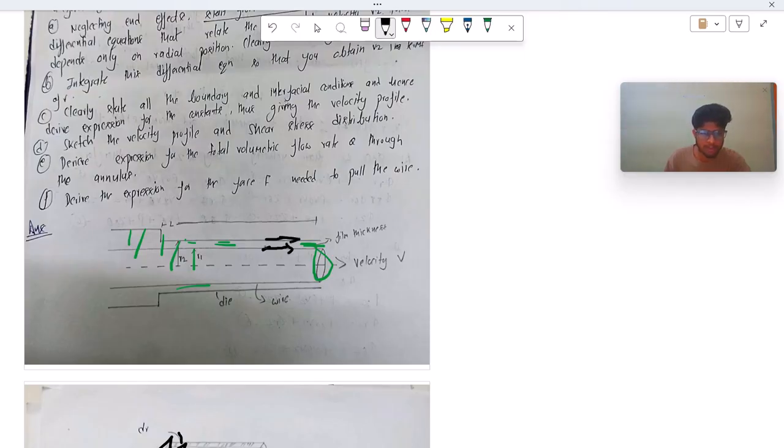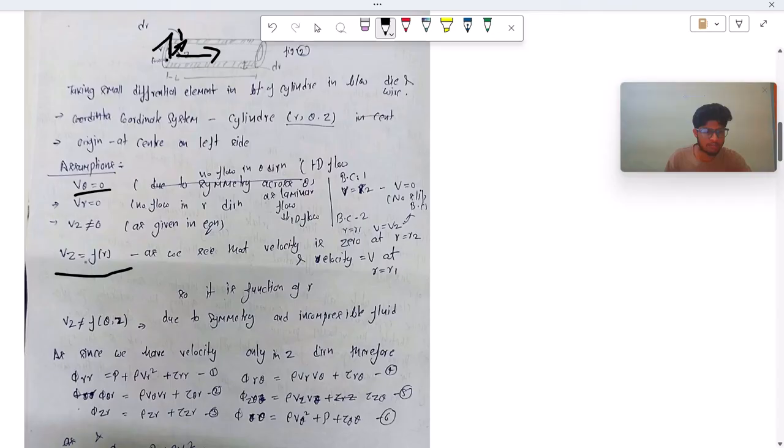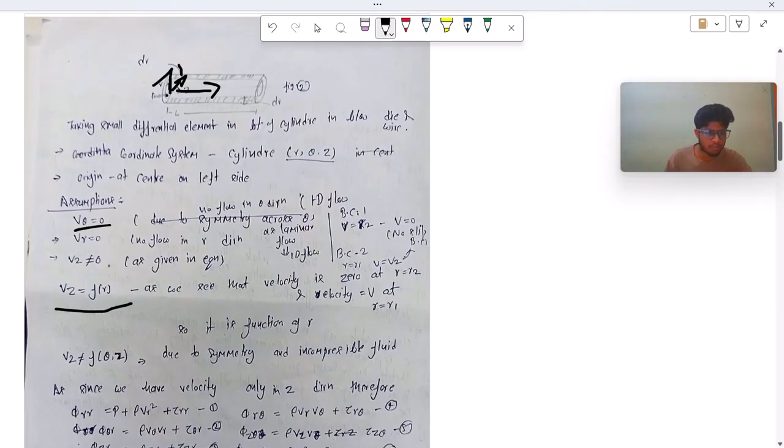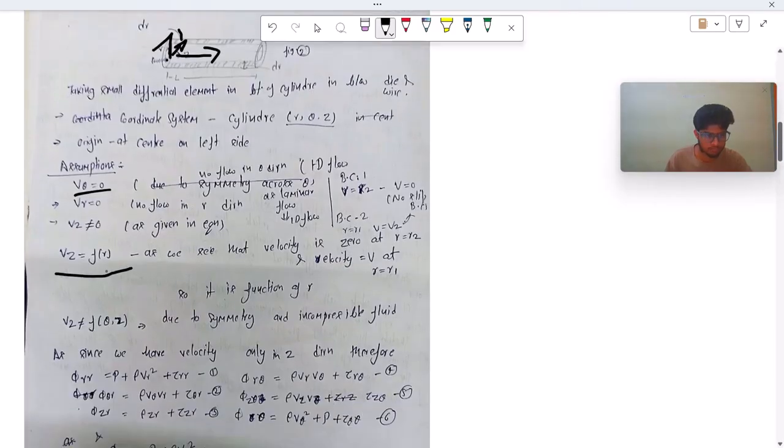It means that there is a variation of velocity in this direction, which is the r direction. So velocity is a function of r.